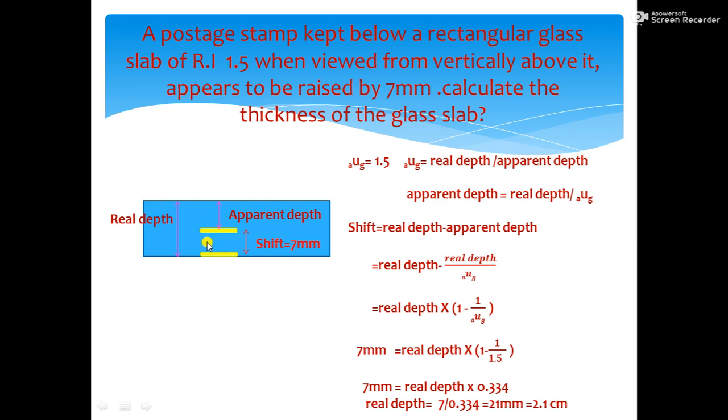The condition is that the object should be in the denser medium and the observer in the rarer medium. In that case, apparent depth is always less than the real depth. This is because of refraction of light. The phenomenon behind this is refraction of light. Hope it is clear.